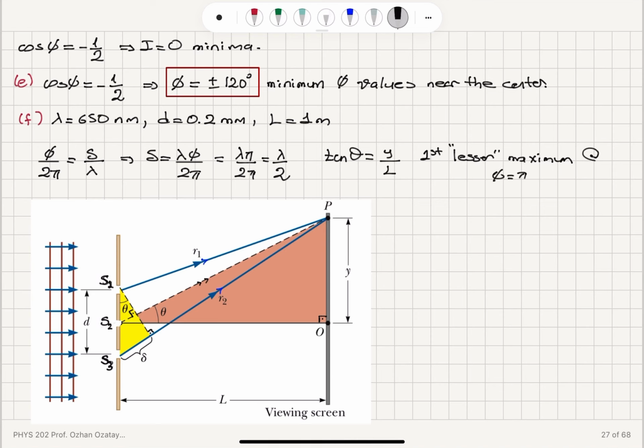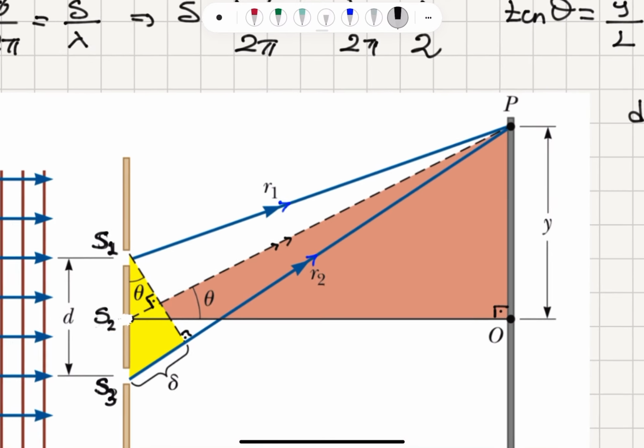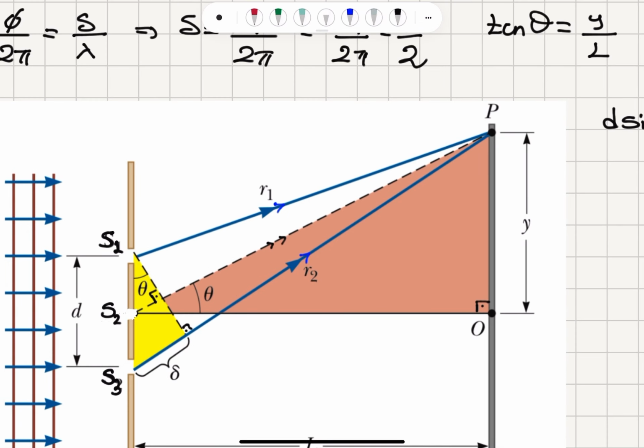The path difference d sine theta must be equal to lambda over 2. So you can see from our parallel ray approximation, we have a path difference of d sine theta. Now here, this basically corresponds to 2d, not d. So we have a slit to slit separation here, this is equal to d. So 1d and 2d.